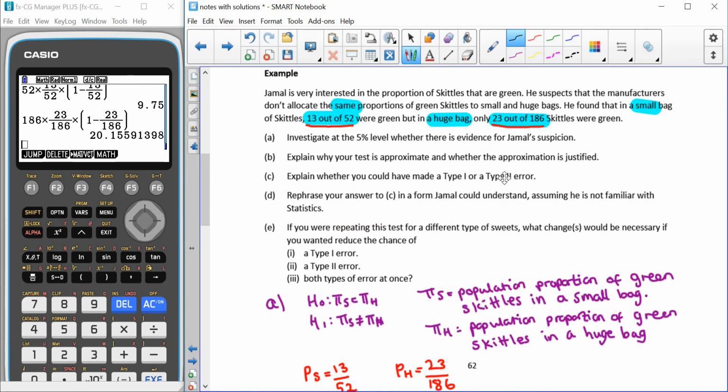And it's not saying to explain it in context at this point, so that's enough.